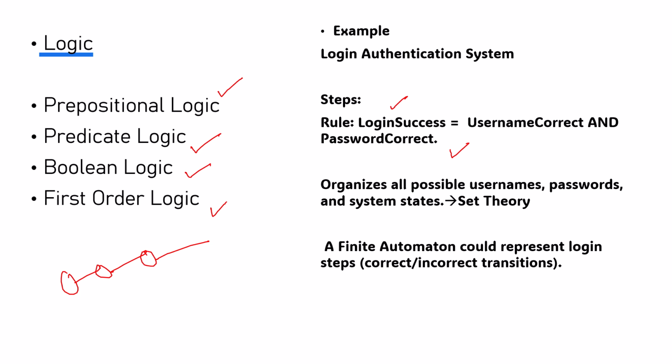Finite automata could represent the login steps, that is correct or incorrect transitions. Everything represents the same steps. We can represent a state diagram, that is the starting state, then the ending state. Like that we can apply logic for designing the automaton.